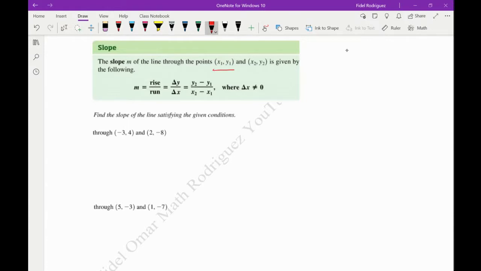We have 2 points. The first point has coordinates x1 and y1, and the second point has coordinates x2 and y2. So all I'm going to do here, because this is my first point, I'm going to label this: that's my x1 and my y1, and that's my x2 and my y2. And then I'm going to write down my formula, which we have right here in front of us. All I'm doing is copying it down.